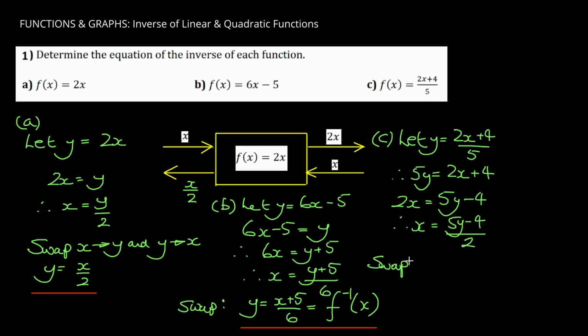Now our swap, and we get f to the minus 1 of x is equal to (5x minus 4), all divided by 2. And that's the answer to part C.